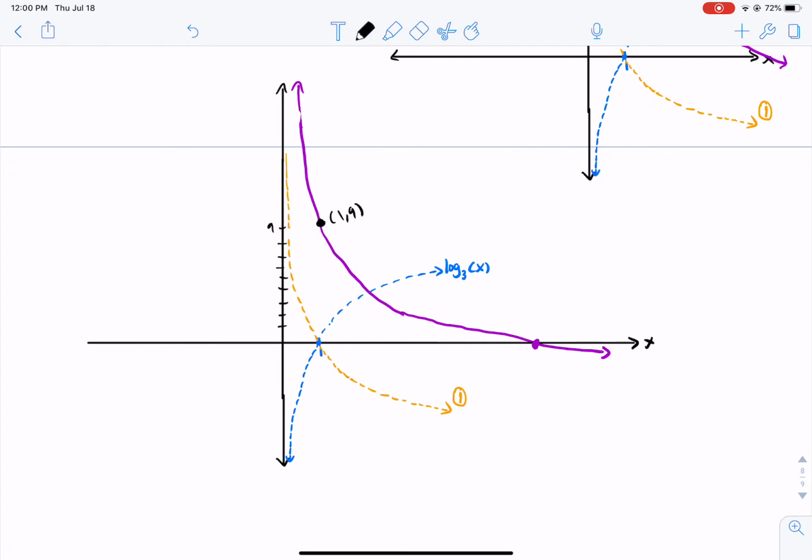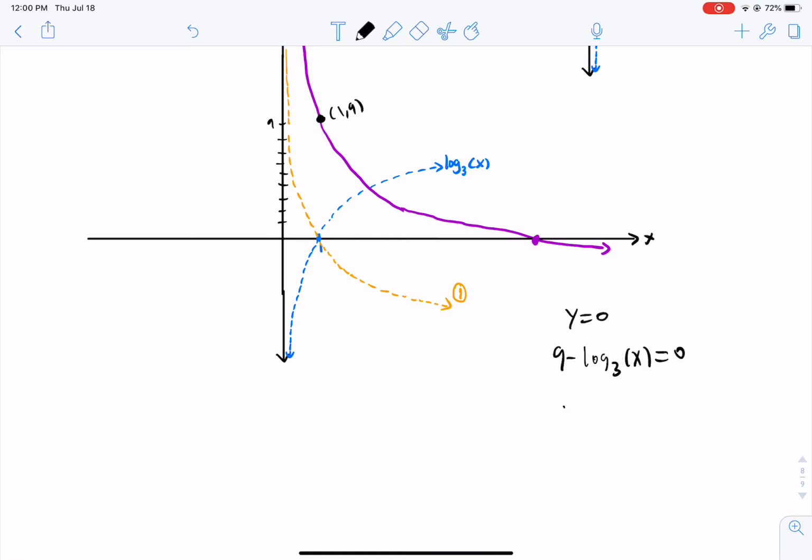It crosses whenever y is equal to 0. We had 9 minus log base 3 of x. When you set this equal to 0, you have 9 equals log base 3 of x, if you add that on the other side. You can write this in exponential form as 3 to the 9th equals x.